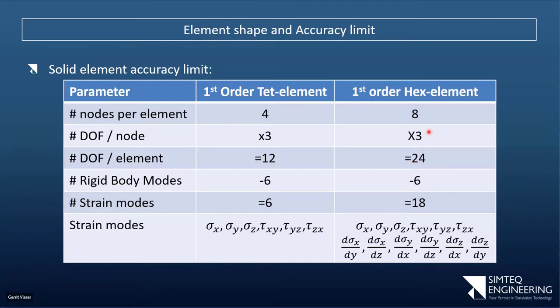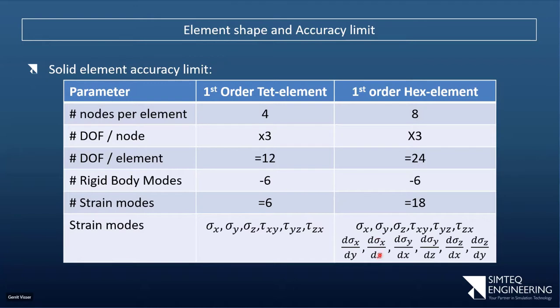If I look at the first order X element, I get to 24, subtract the same 6, but now I've got 18 variables instead of just 6 to calculate additional results with. Okay, so I've increased the number of nodes only from 4 to 8, but I've increased the number of variables by 3 times. So I can still calculate all of the constant values. I can have a stress in the X direction varying in the Y direction.